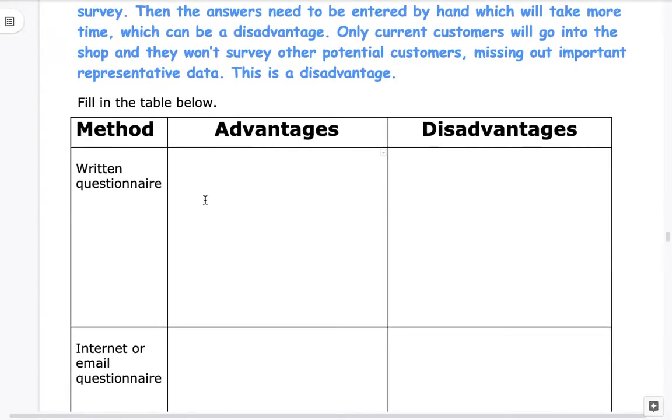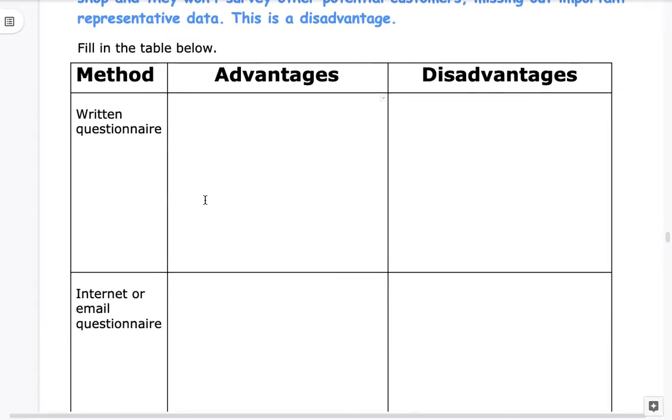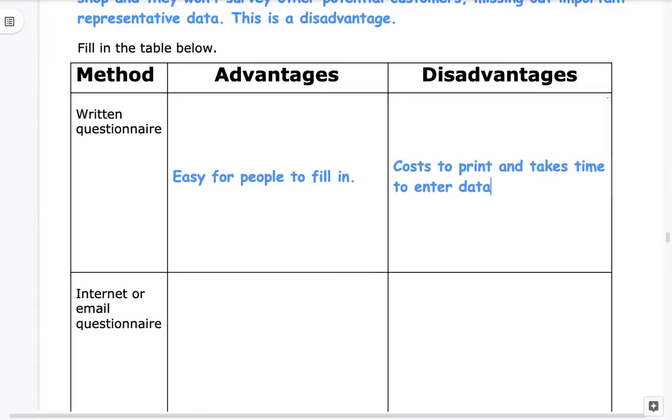So let's now have a look at some generalized ideas here. A written questionnaire. What are some advantages of a written questionnaire? It's easy for people to fill in. Yep. What's a disadvantage? It costs to print and takes time to enter data afterwards.